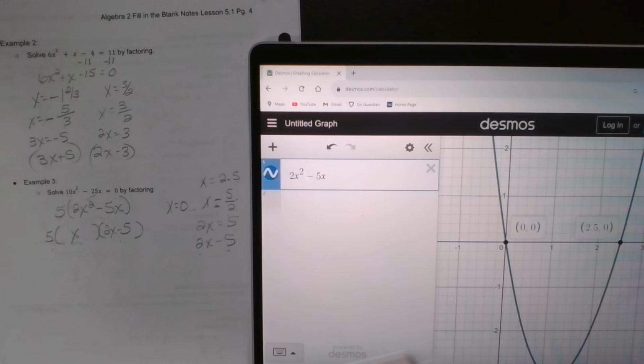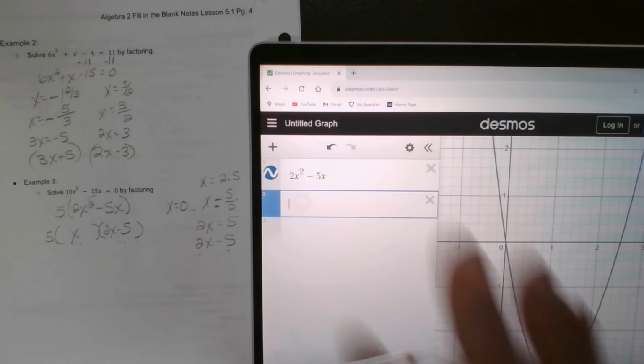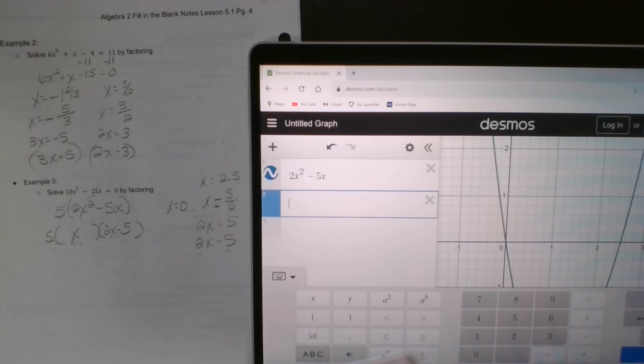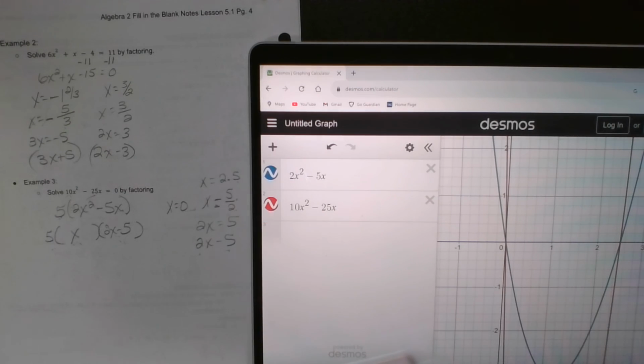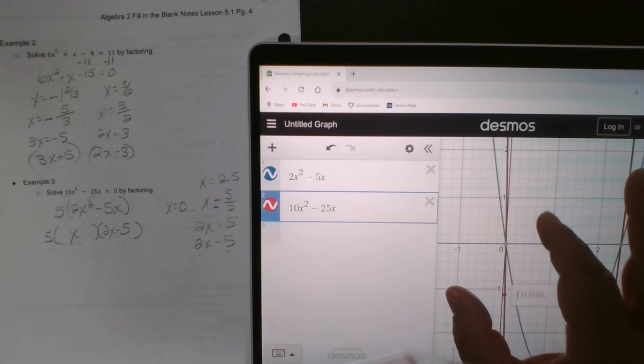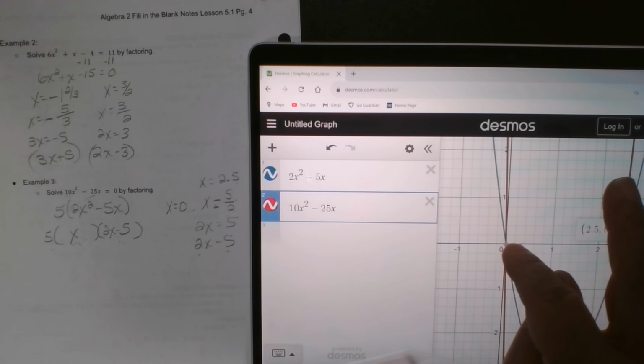Sometimes it's going to look like that. You just have to be careful when you're picking answers. If you have something that reduced down, then you've got to do that. I mean, if I had graphed 10x squared minus 25x, it would have looked a little different, but look where those zeros are. They're in the same spot.